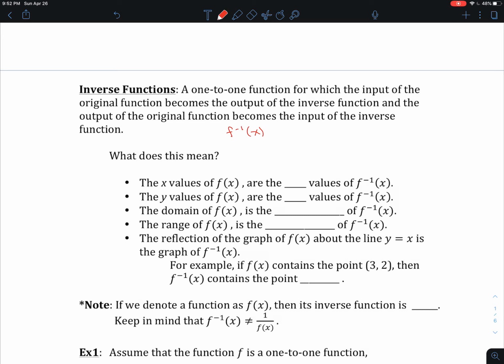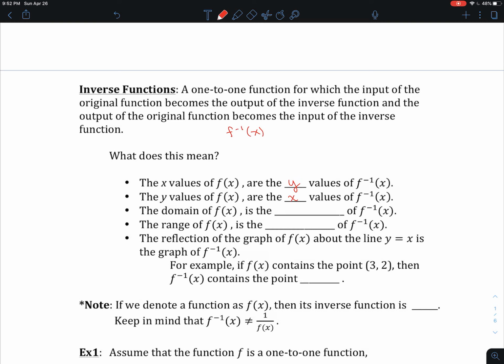So what happens with inverse functions? An inverse function is symmetric about the line y equals x, which means that if you have an x value in f of x, then this x value is now going to become your y value in the graph of f inverse of x. If you have a y value in f of x, this y value is now going to become an x value.